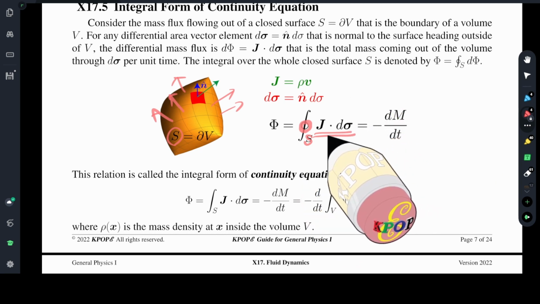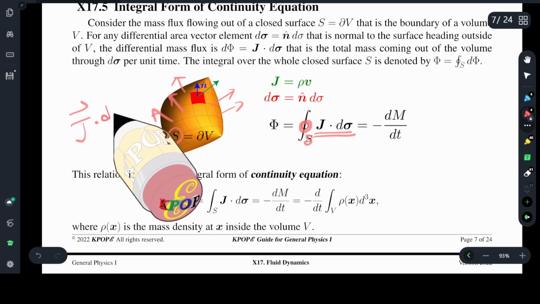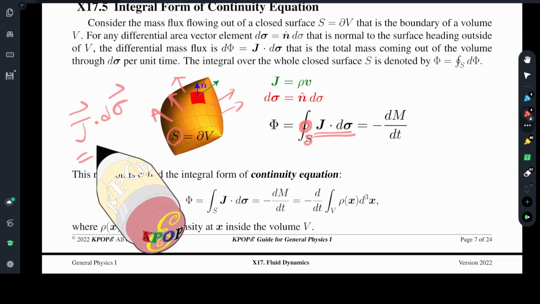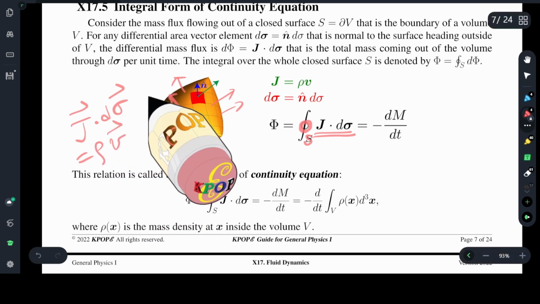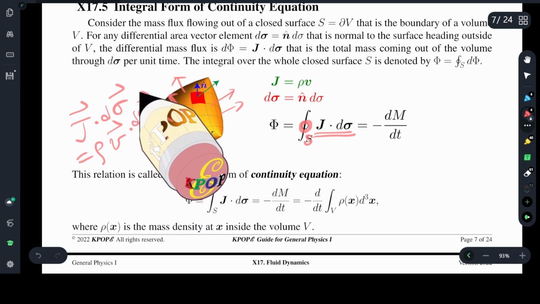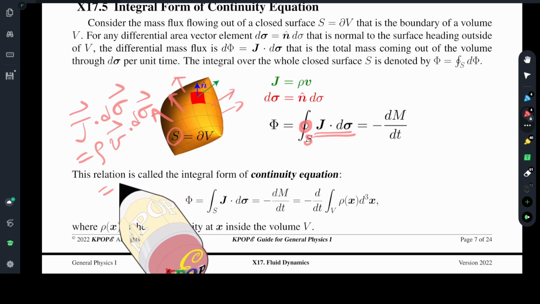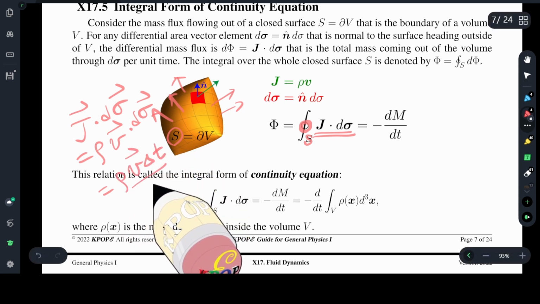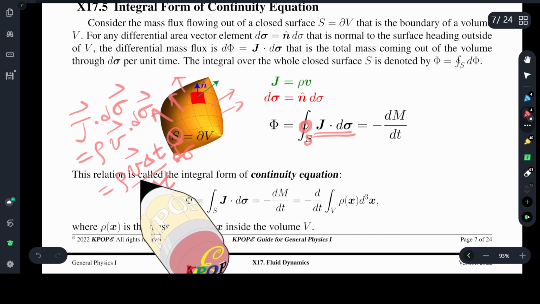Because this is J dot d sigma, and J equals rho V, so rho v dt d sigma, what is it?